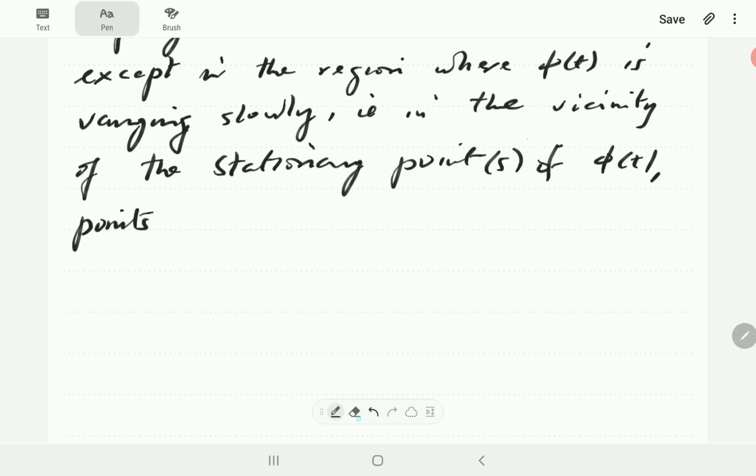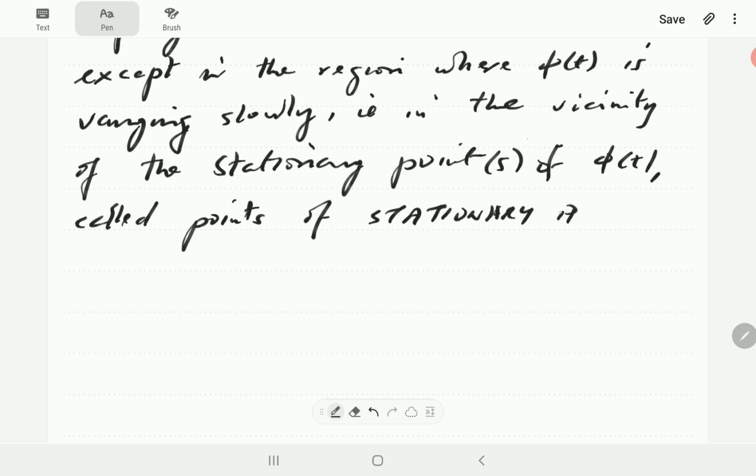So this is where the method gets its name.